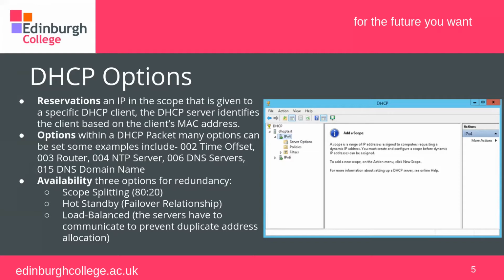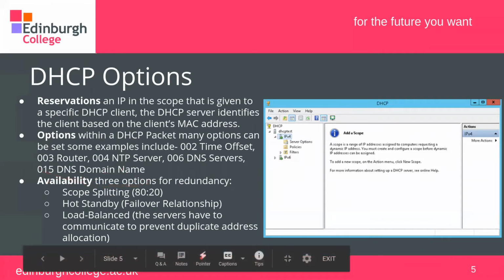And the other one is a load balanced DHCP server setup where you have 2. The problem with the load balanced is that the 2 servers have to talk to each other to tell each other which addresses they've given out and which addresses are left in the pool. So those are some of the options available in DHCP.